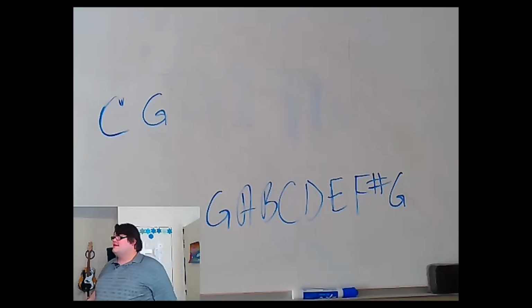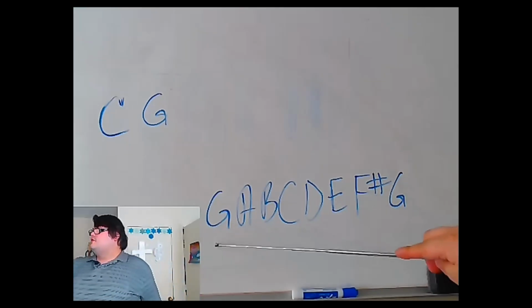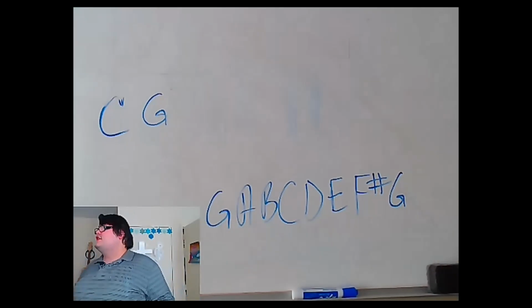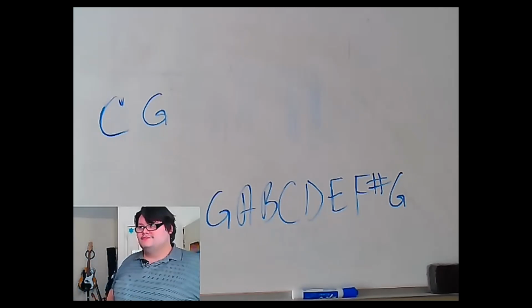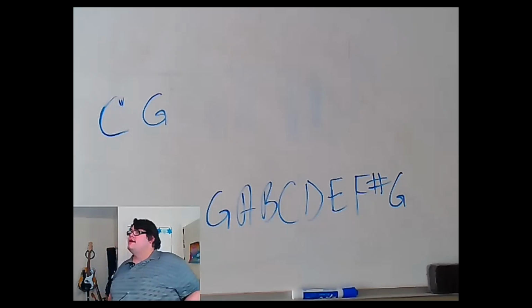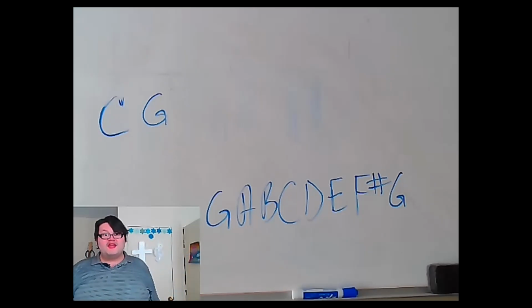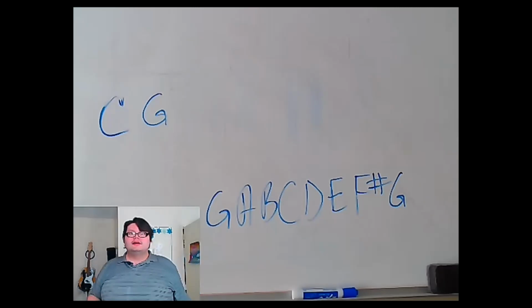So, this is the G major scale. Now we're going to figure out what is the next one. To do that, we're going to use the preferred method, not the easy method.